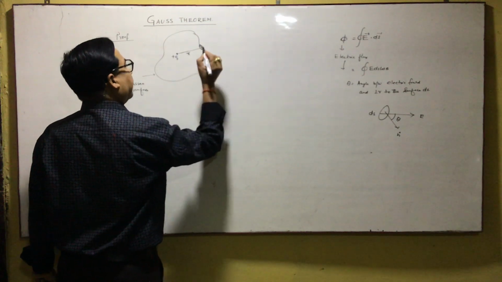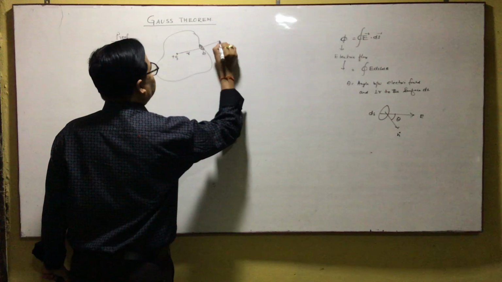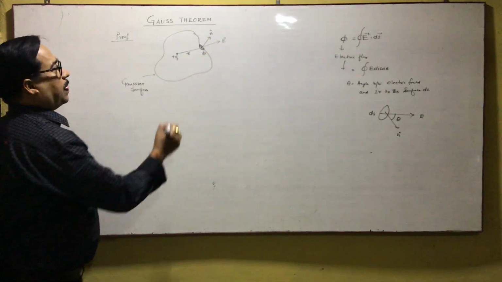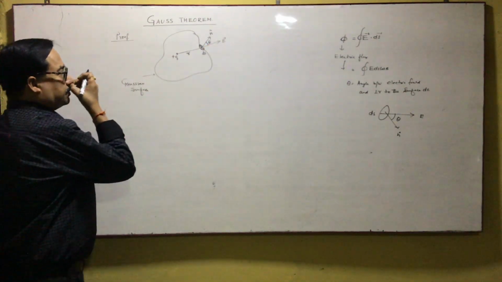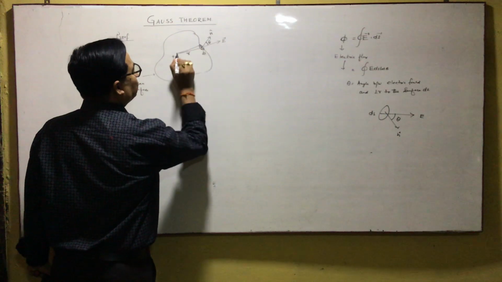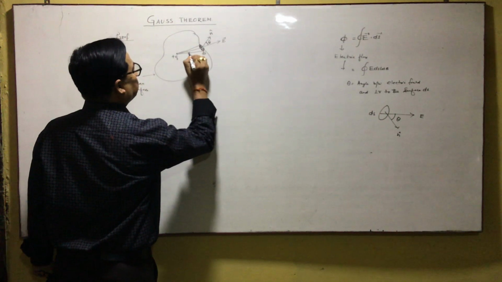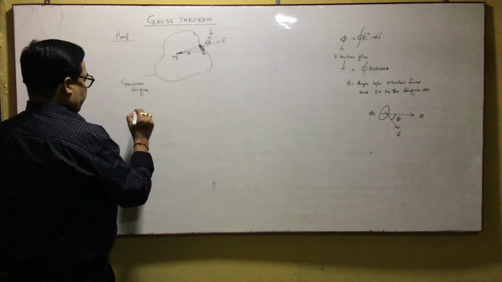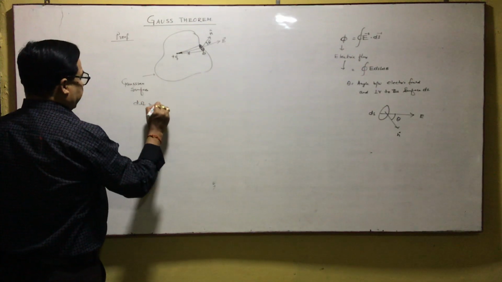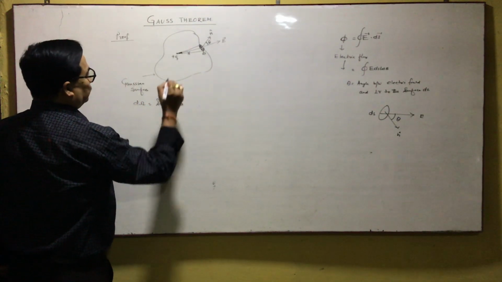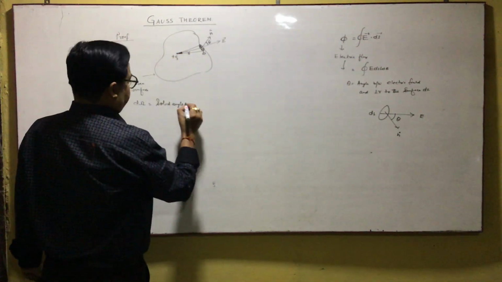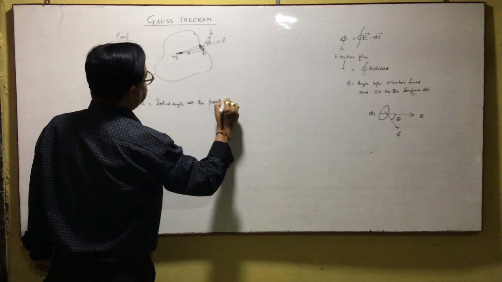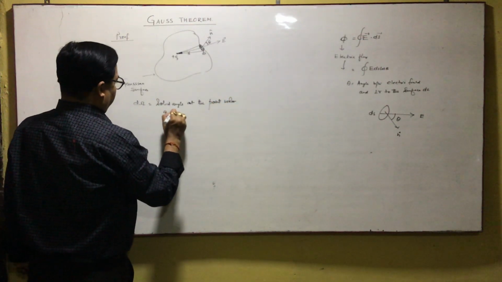This is distance r, this is the direction of electric field, and this is the normal vector to the ds, and this angle is theta. d omega is the solid angle at the point where Q is placed.